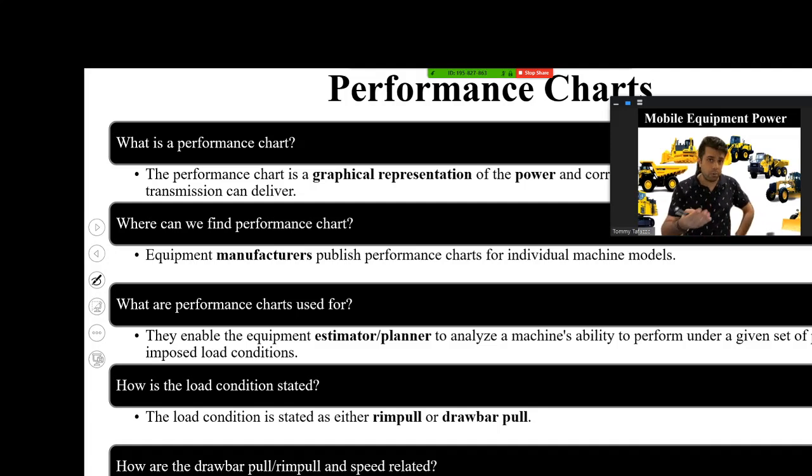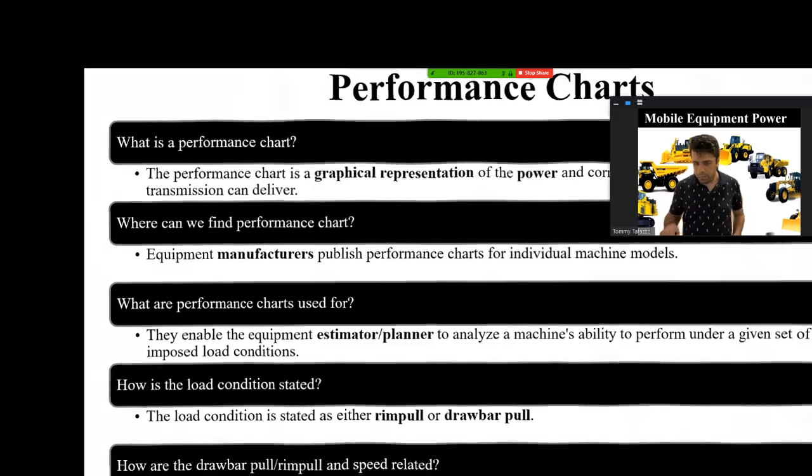Or sorry, a drawbar pull. And so in order to create more force by your equipment, you have to go more slowly. That's the very simple concept, which is understandable, right? The slower you move, the more powerful your equipment will be.